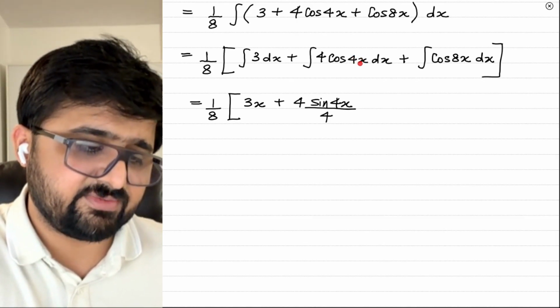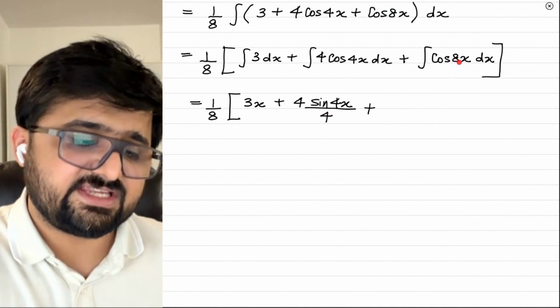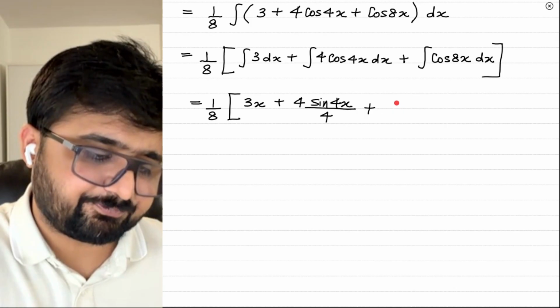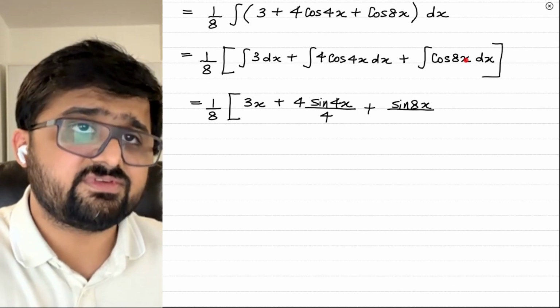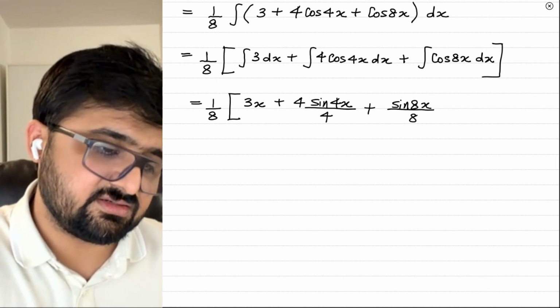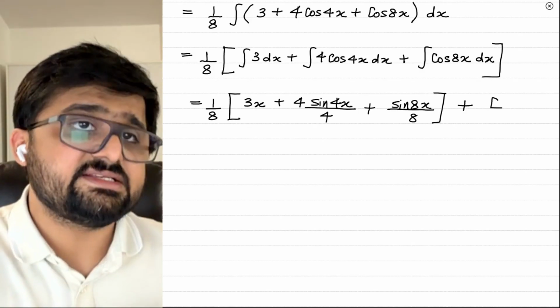Don't forget to divide by the coefficient of x. Plus, for cos 8x, the integration is sine 8x, divided by the coefficient of x, which is 8. Plus, add constant of integration c.